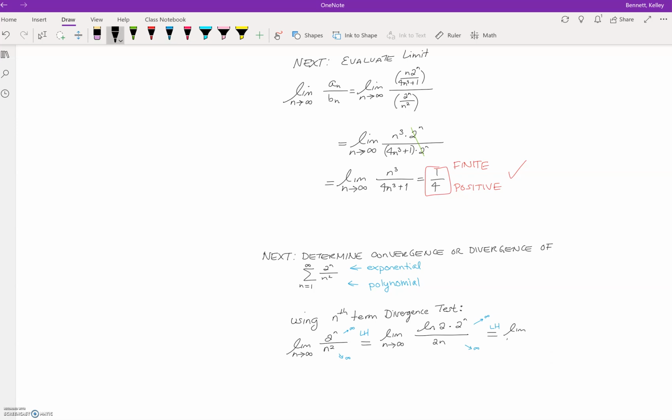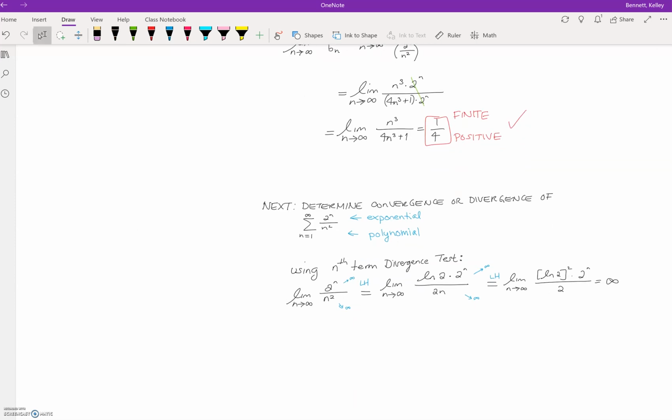So I'll get the limit as n goes to infinity of ln of 2. Now I have 2 of those, so I can square it, still multiplying by 2 to the n. And then I'm going to get 2 on the bottom. Since now the denominator is a constant and the numerator still has the exponential term 2 to the n, this thing's just going to blow up. So this is going to infinity.